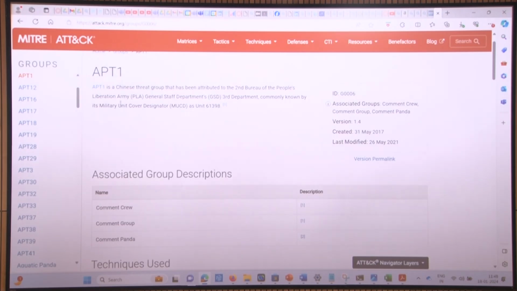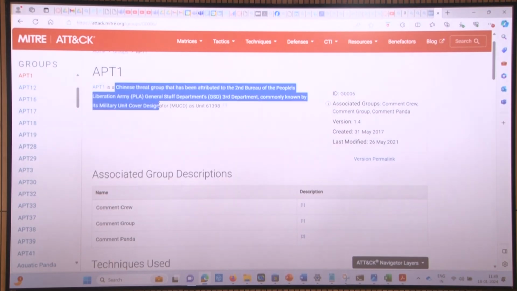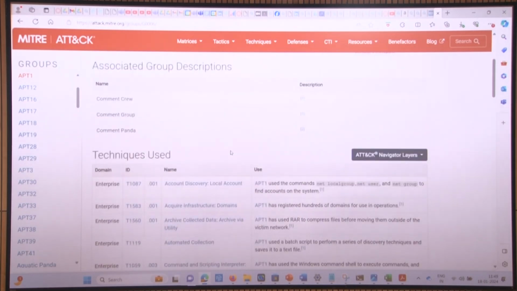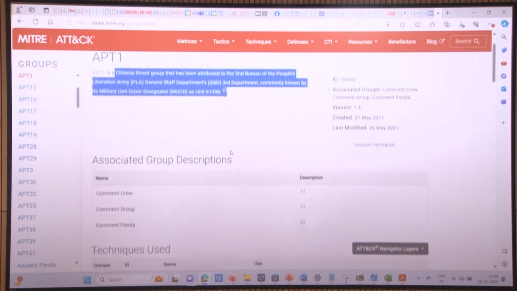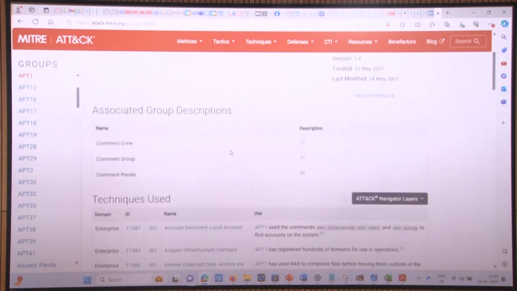This group has been analyzed quite a bit by various threat intelligence agencies. That's why they are so specific about who might be behind APT1. Some of the groups may not be known that definitely.